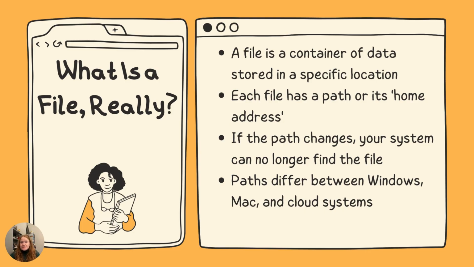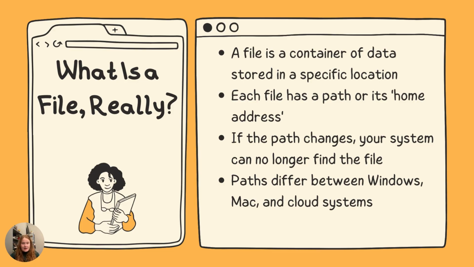And if for some reason that changes, then you can't find that file anymore. So the structure needs to be informed of any changes that are made, right? It's the same as, to use the analogy of it being your home. If you move but you don't put in a change of address, your postal service is not going to be able to find you to deliver your packages, right? So it's the same sort of idea, just on a slightly different scale.